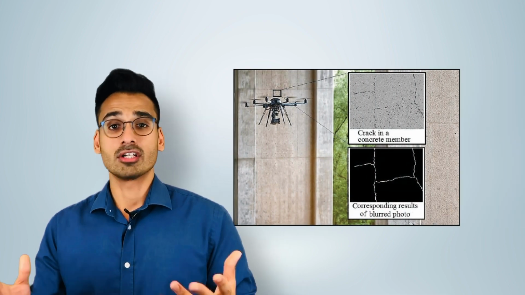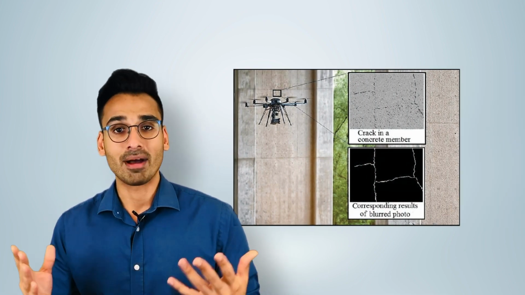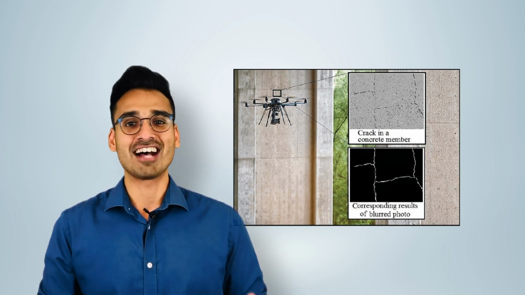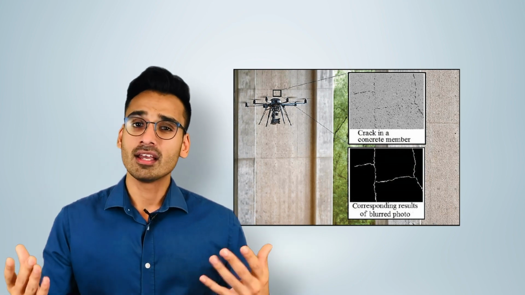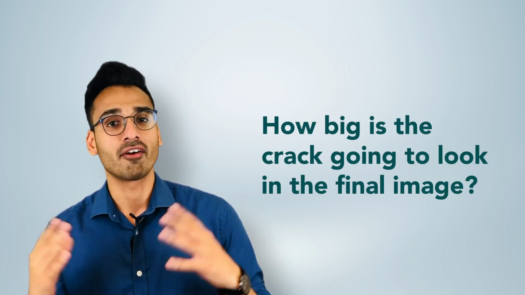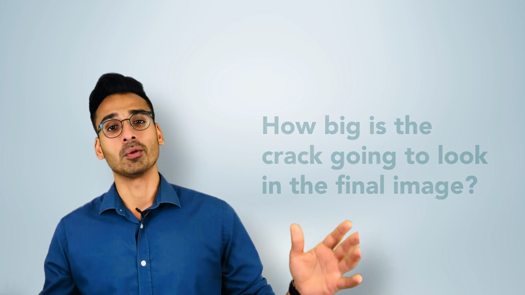So if you think about it, if you have a crack on a wind turbine or a facade or a solar panel or any of your favorite assets out there in the world, you need to think about how big that crack will be and whether or not it's going to show up in the data given the GSD you're capturing. So you can think about the crack as a function of the GSD, and you can actually use it to back calculate how big or small the crack would look as a fraction of the total image.